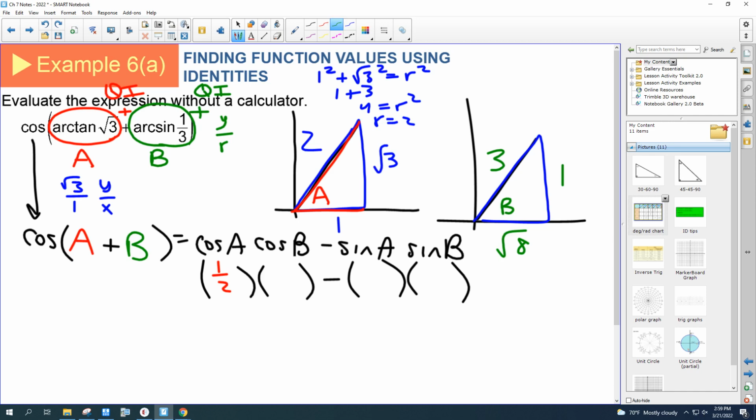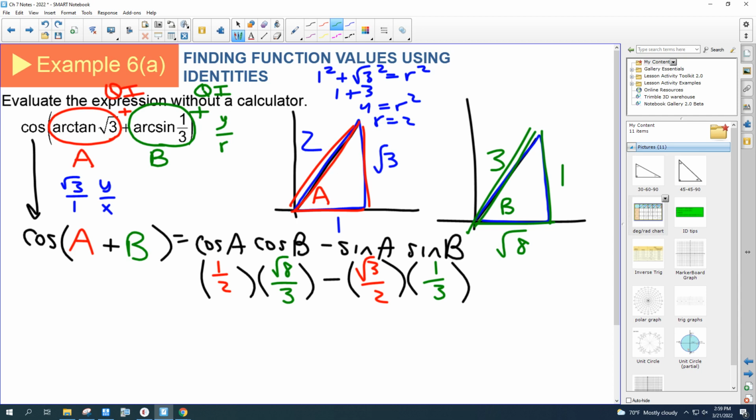Cosine B, x over r, that's square root of 8 over 3. Sine of A is y over r. That's square root of 3 over 2. And sine of angle B is 1 over 3. Use your picture to fill in those blanks.